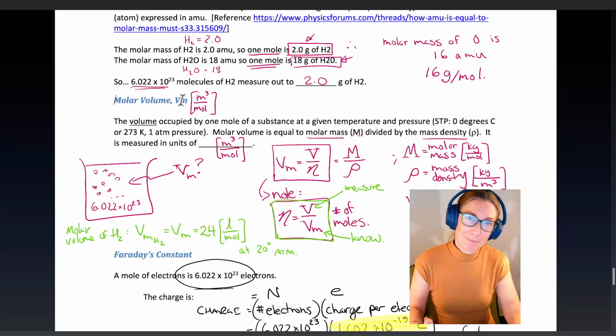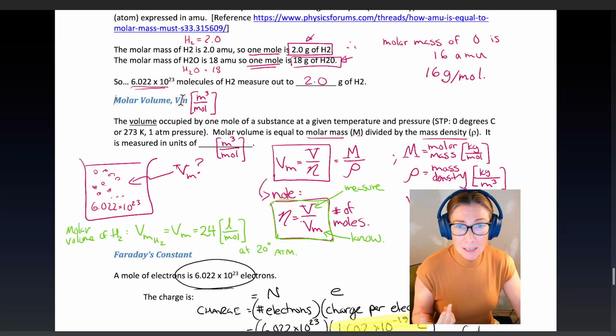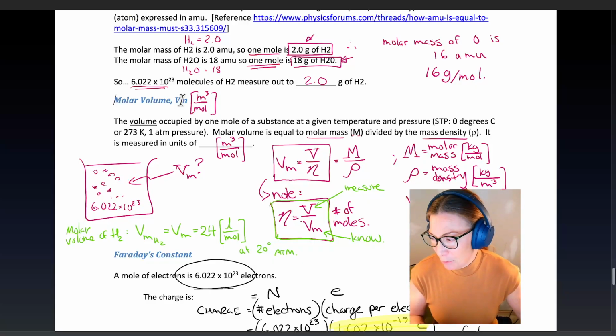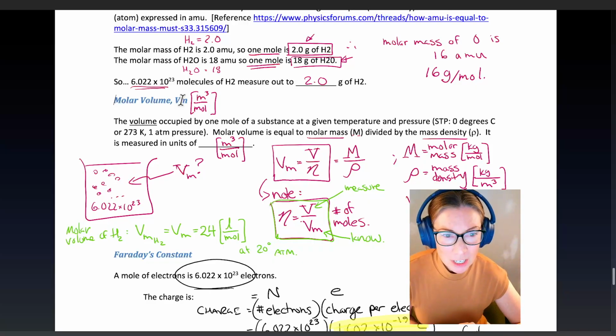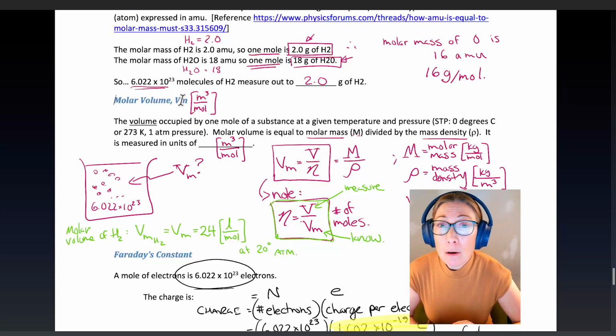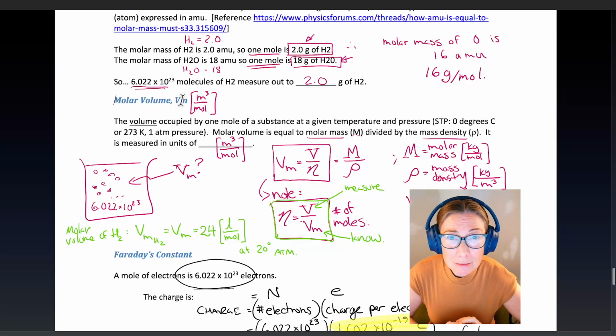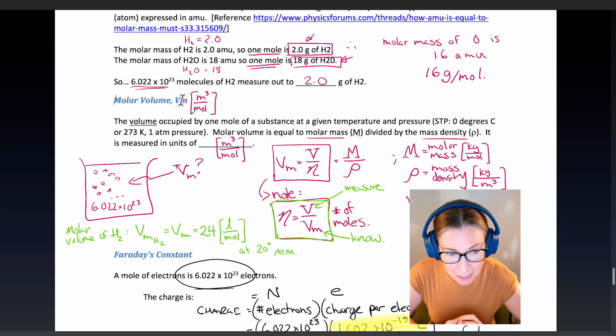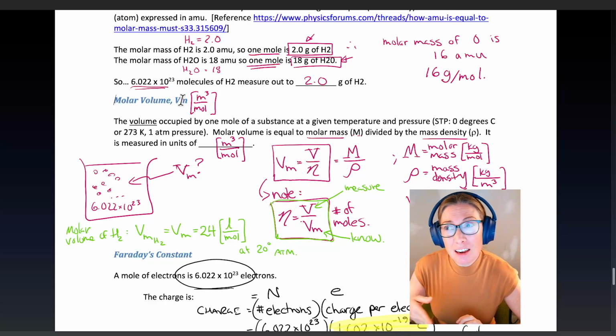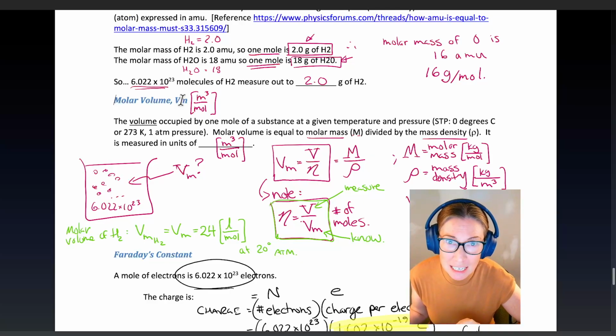Well, what state? A molar volume is published because PhD students have done the work to quantify the amount of volume that a certain count, 6.022 times 10 to the 23 molecules, take up. And they've done that at different pressures and temperatures in different states as well.